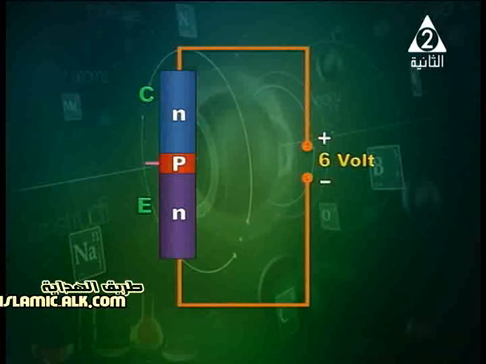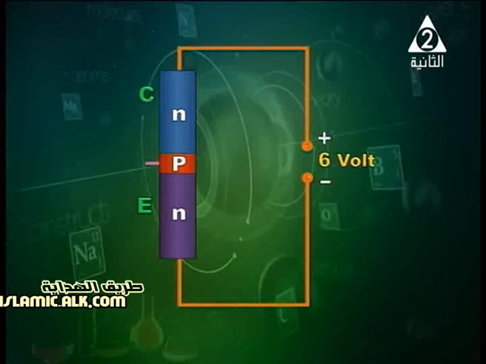In front of you, we've got an NPN transistor, and it is connected to a potential difference of 6 volts. As you see, a potential difference of 6 volts is applied across the NPN transistor. And you can see that the base is not connected.